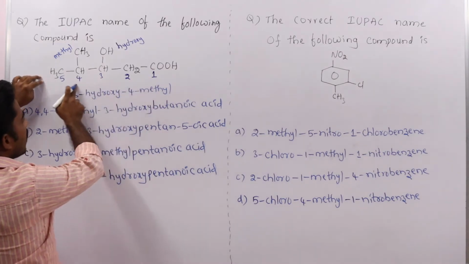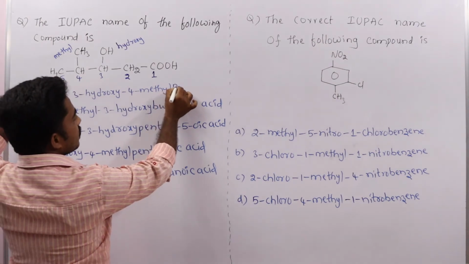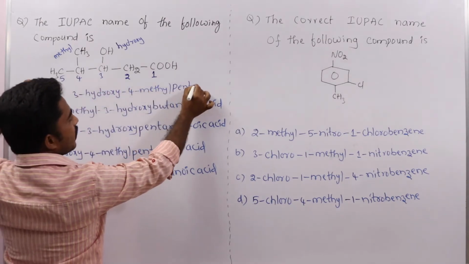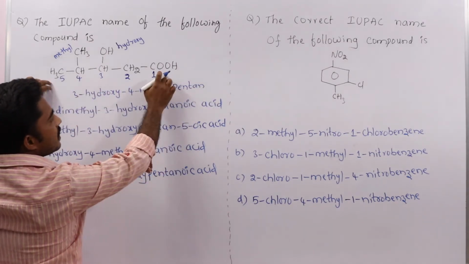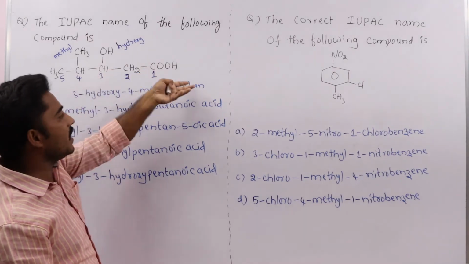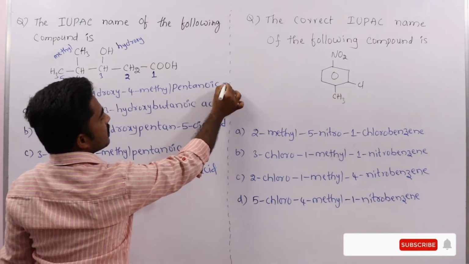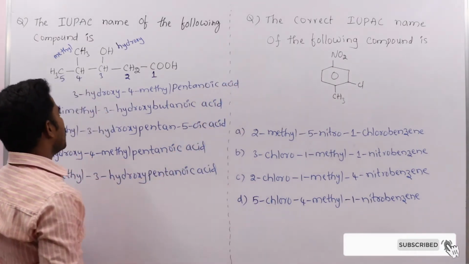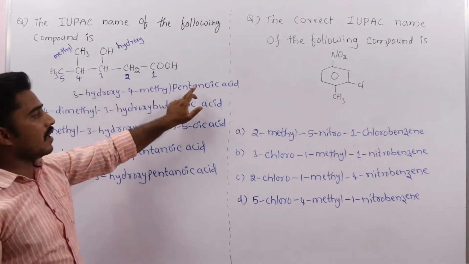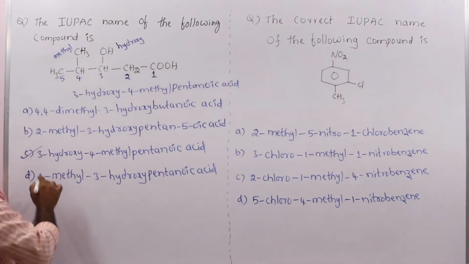Total 5 carbons are there in the parent chain, so pent, and this is saturated, so pentane. For COOH, the suffix is oic acid, so we add oic acid. The name of the molecule is 3-hydroxy-4-methylpentanoic acid. Option C is correct.